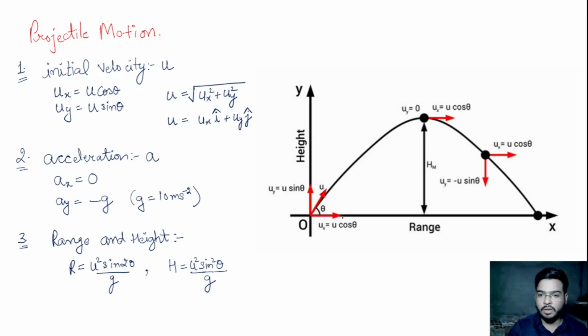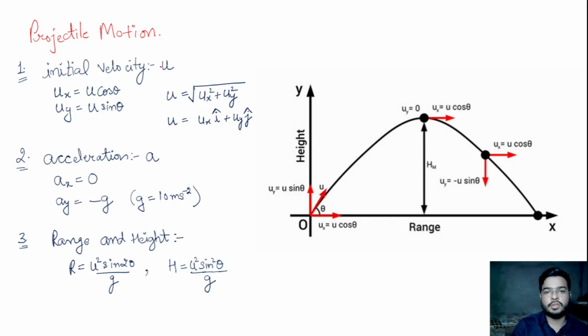First of all, let us assume that here is an object, say a ball, and we project the ball like this, and this is the trajectory of the ball, and the ball strikes back at this point x. Now we impart a velocity to this ball, so we can say that the velocity of this ball is u.